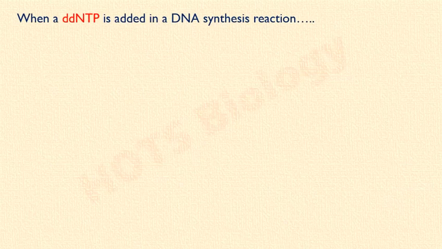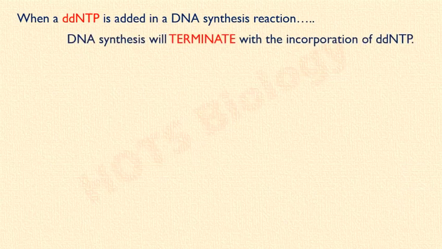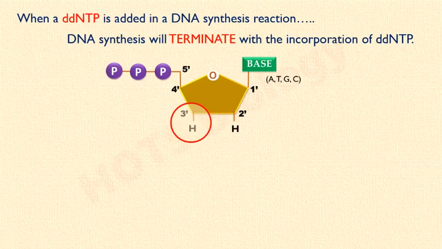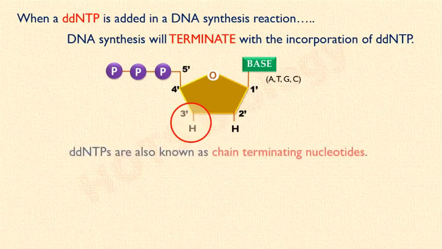If in a DNA synthesis reaction, a dideoxynucleotide is added, the DNA synthesis will terminate with the incorporation of this dideoxynucleotide. This is because now there is no 3' hydroxyl group for the further extension of the DNA chain. For this reason, dideoxynucleotides are called chain termination nucleotides.